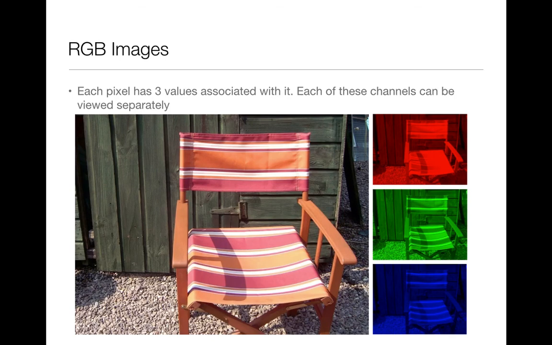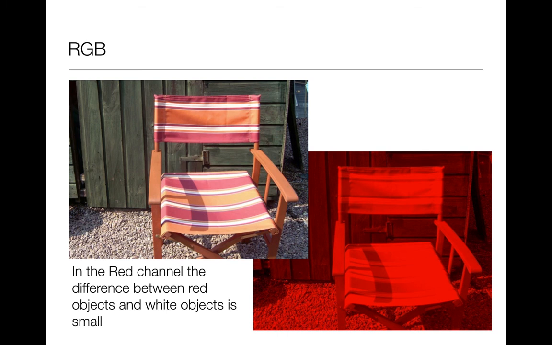So each pixel then in the image has a red value, a green value, and a blue value. Sometimes it's instructive to see the image just in the red channel, or just in the blue channel, or just in the green channel. Sometimes that can be informative. So when you're in the red channel, for example, and you can do this in Photoshop, it might be worth a look when you're in the labs next. The red value of the color red is very high.